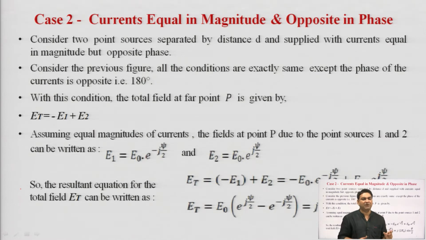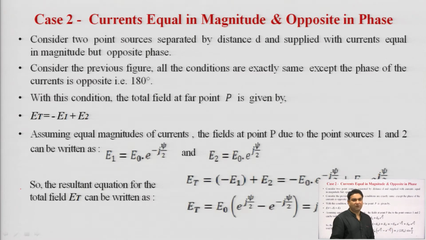This e to the power minus j psi by 2 and e to the power plus j psi by 2 arise because the 2 point sources are placed from the origin: point source number 1 is at the negative side of the origin, and point source number 2 is placed at the positive side of the origin. That is why the overall effect of the phase at the distant point P will be given in terms of the values of E1 and E2.